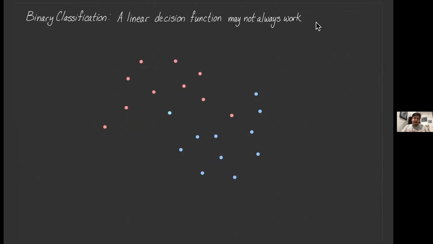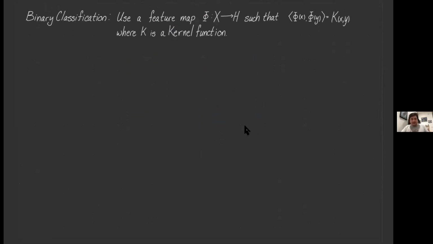And so the way that this is solved is by using some function space theory, right? So we're going to use what's called a feature map. A feature map is going to be a map from the set that your data lies in, this X, to X cross Y. And we're going to try to find a map that has this inner product condition here, right?